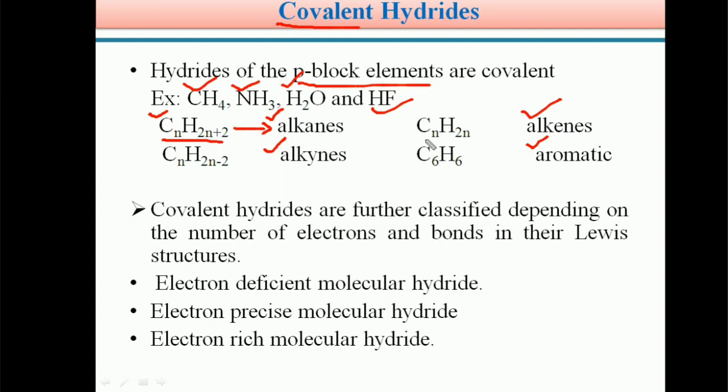If the general formula is CnH2n, these are called alkenes. And if the general formula is CnH2n-2, these are called alkynes. For aromatic hydrocarbons, the popular example is benzene, with the molecular formula C6H6.